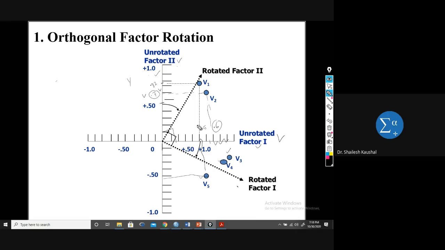Now we rotate the axes, the y-axis, and the other axis also rotates, and the angle between the two stays 90 degrees.